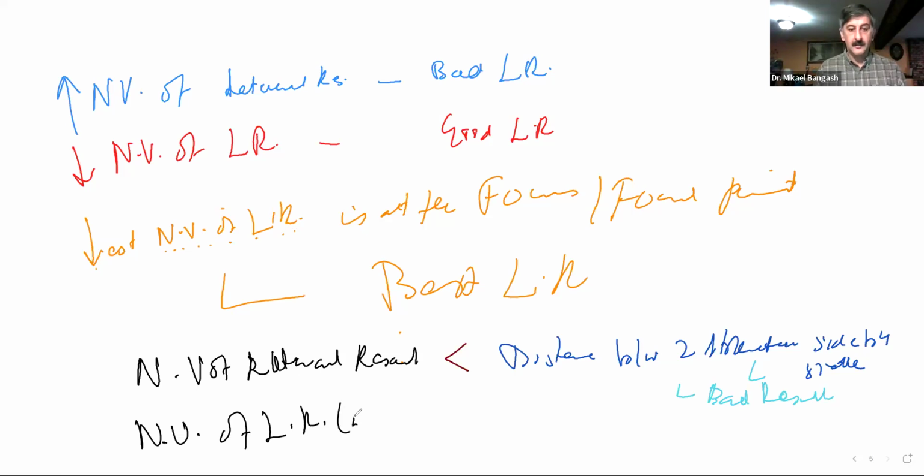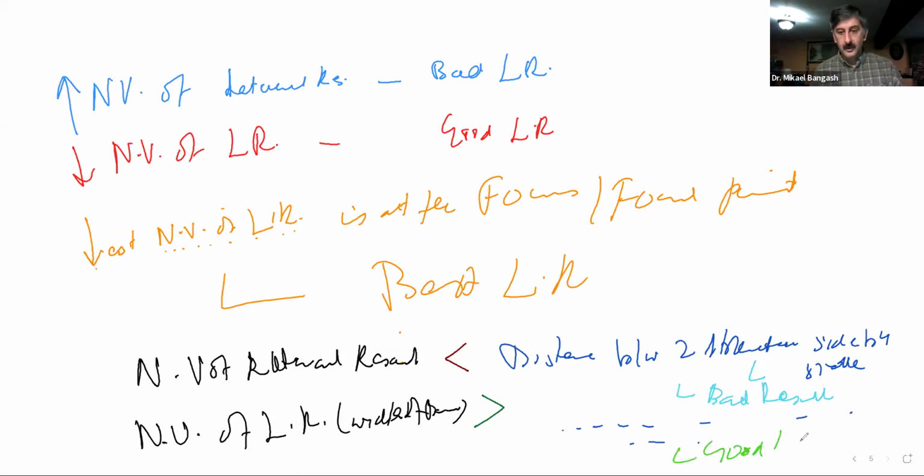Whereas, guys, if we go opposite and say that the numerical value of lateral resolution, which we know is the width of the beam, is less than the distance between the two structures which are side by side, that is going to lead to a good lateral resolution.